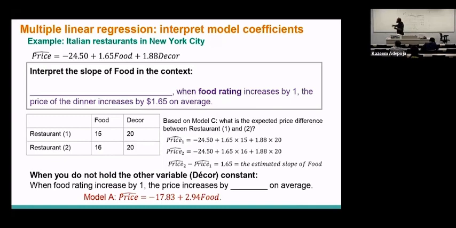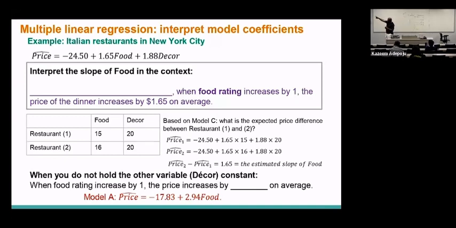If I want to interpret the slope for food, which is 1.65, I have to mention in my interpretation that I'm keeping decoration constant. If I want to interpret the slope for decoration, I have to mention that I'm keeping food constant.